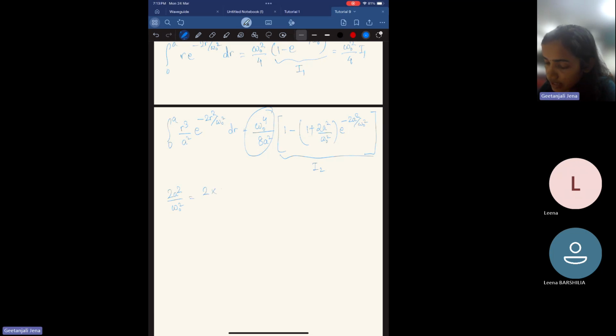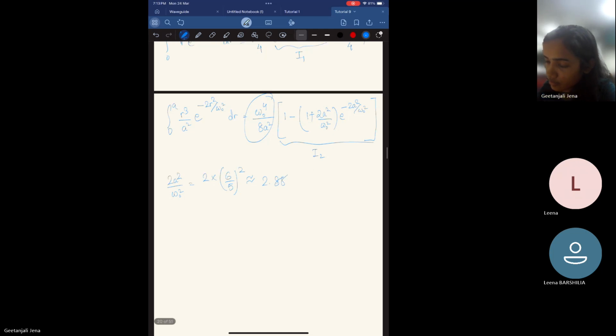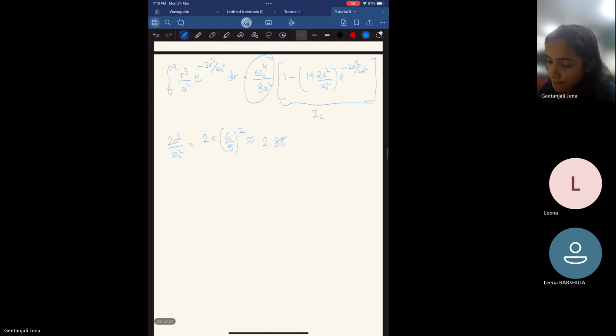A is given as 6 and the spot size is given as 5, so this will come around 2.88. That means e to the minus 2a square by omega 0 square will be around 0.056.